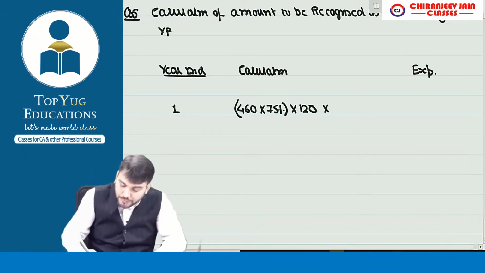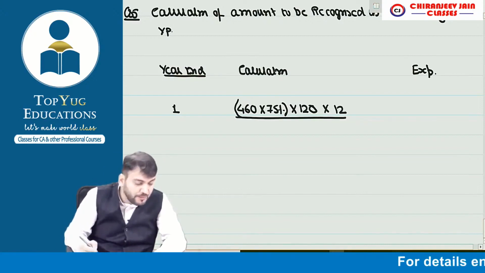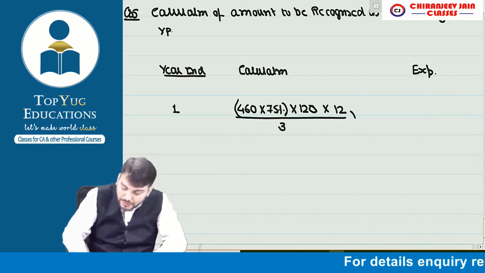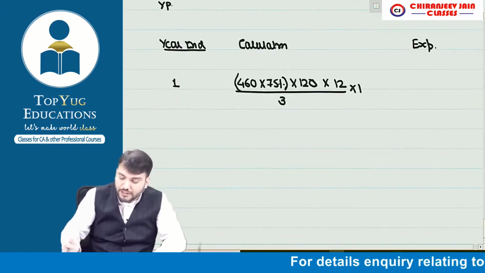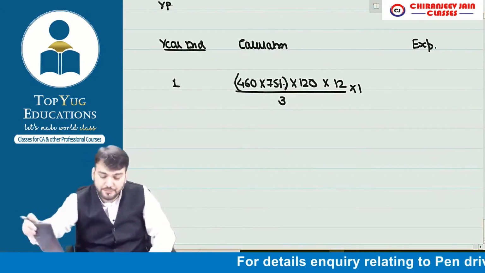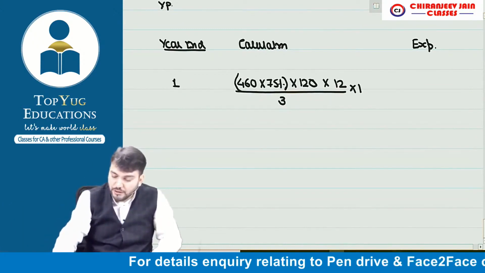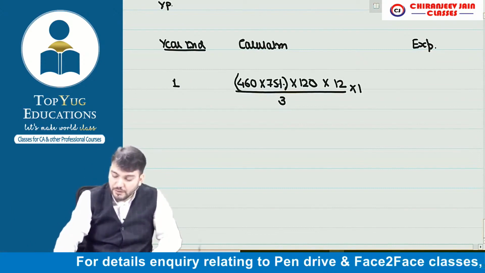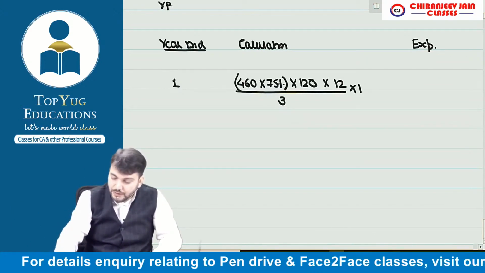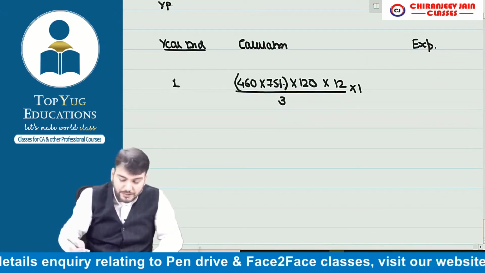Then into the fair value, 12 divided by the total vesting period 3, into 1. How much is coming? We will check, everyone. It is 460 into 75% into 120 into 12 divided by 3.